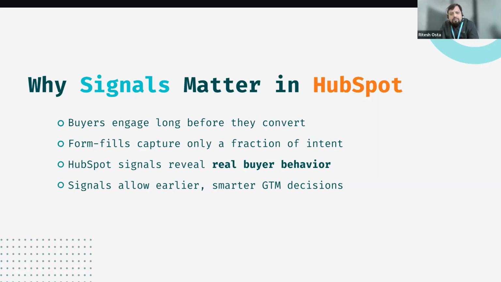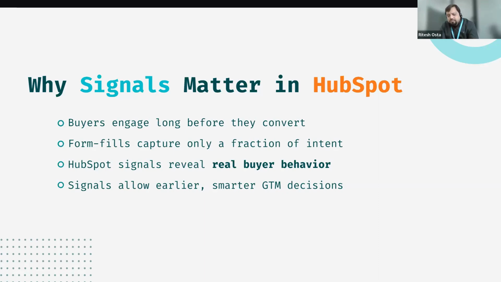Okay, so why does signal matter? Because HubSpot has the buyer information. HubSpot CRM has the information about the buyer within the CRM itself. All the leads, contacts, customers, all of them are within your HubSpot CRM. It has the data. So now with that data, it can also engage in terms of signals that are coming up. Form fill captures only a fraction of intent.